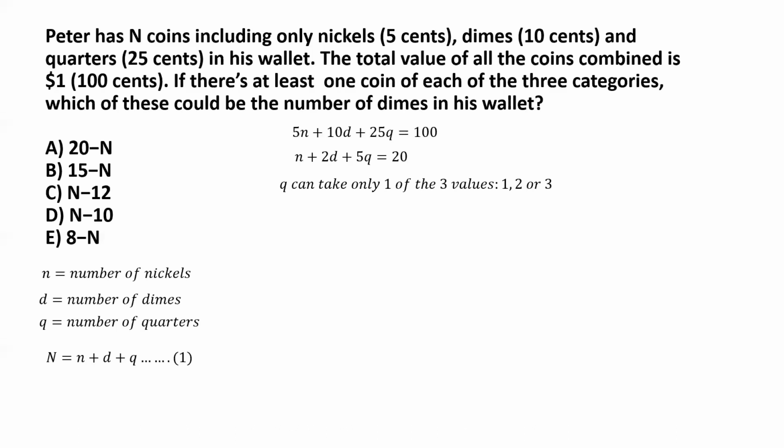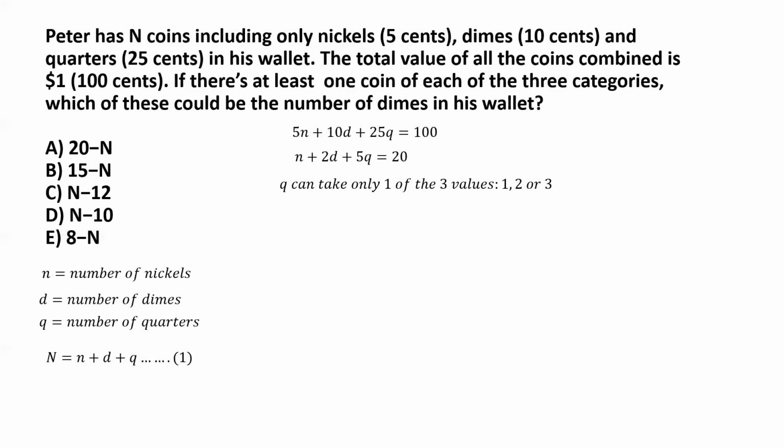It cannot take any value greater than 3, because being an integer, the next possible integer value after 3 will be 4, and for that 5q will equal 20, and then n plus 2d becomes 0, which is not possible because n and d will have to be at least 1, since there's at least one coin of each of the 3 categories in the wallet.